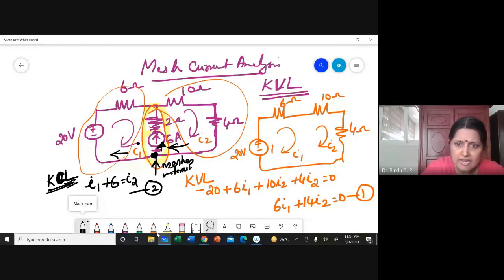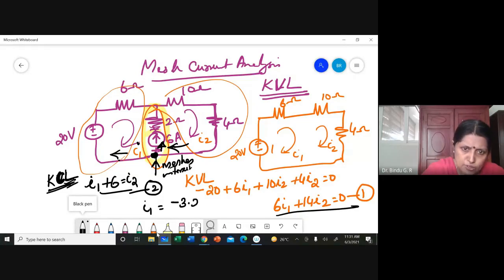Now you have ended up with equation 1 and equation 2 and two unknowns, I1 and I2. Can you find out I1 and I2? You can, just like before, and you will end up with values. I1 is equal to minus 3.2 amperes and I2 is equal to 2.8 ampere. That is the final answer that you will get.